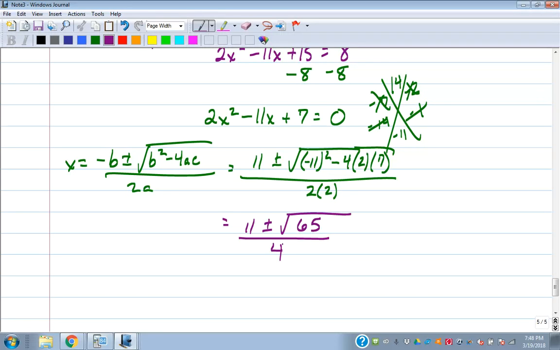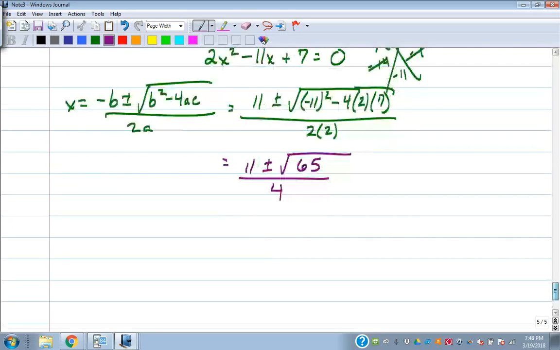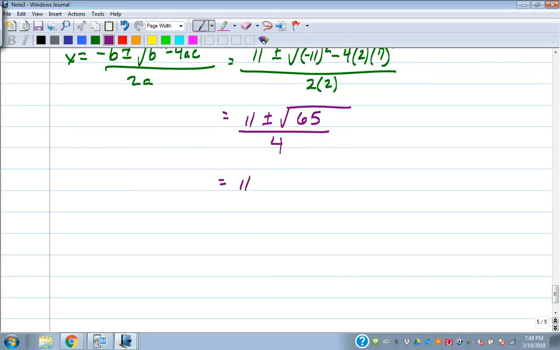It's not nice. So we're just going to leave it as the square root of 65, and we're going to get decimal approximations for these. x equals 11 plus the square root of 65 divided by 4, and x equals 11 minus the square root of 65 divided by 4.